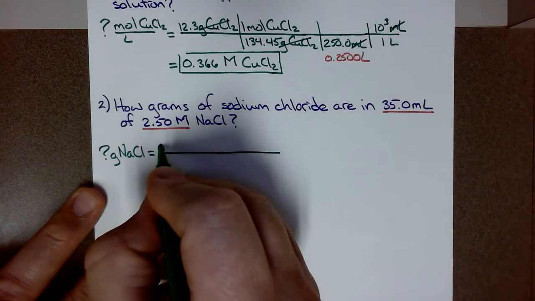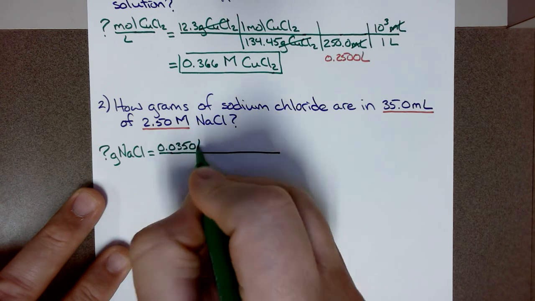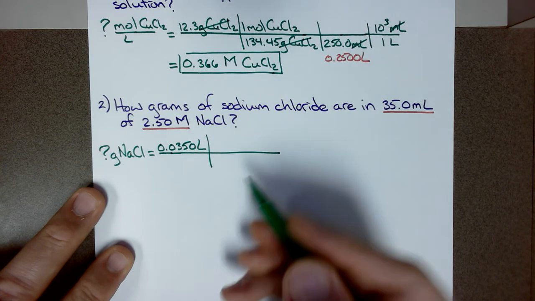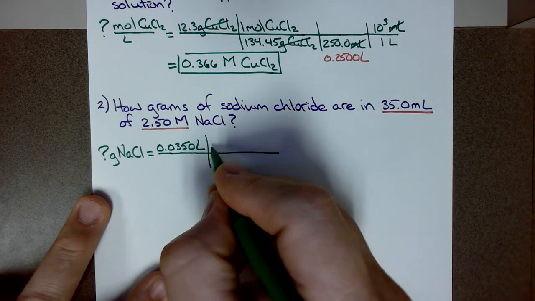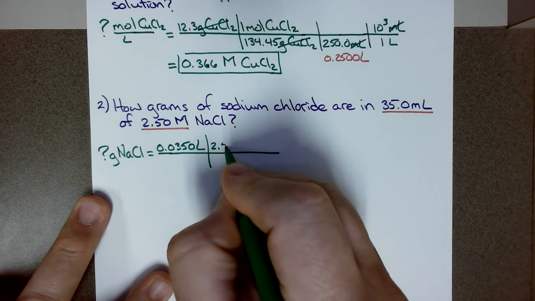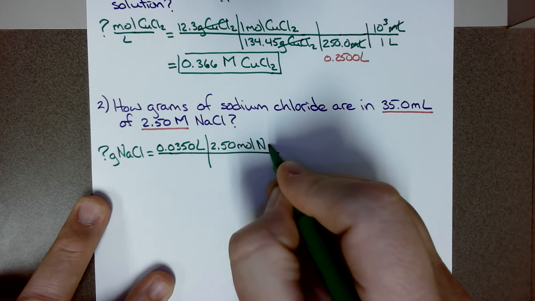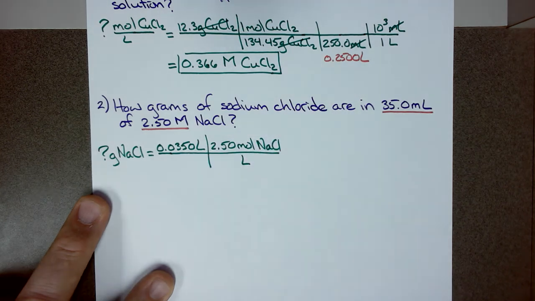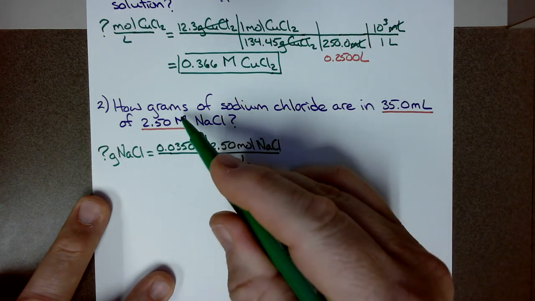So that's 0.0350 liters. That's 35 milliliters. Now that volume has a concentration, so that would be 2.50 moles of sodium chloride per liter of solution. Now remember, moles per liter is molarity.